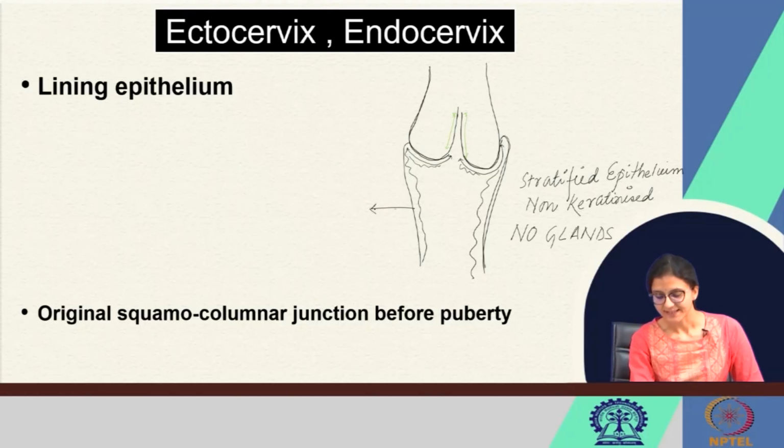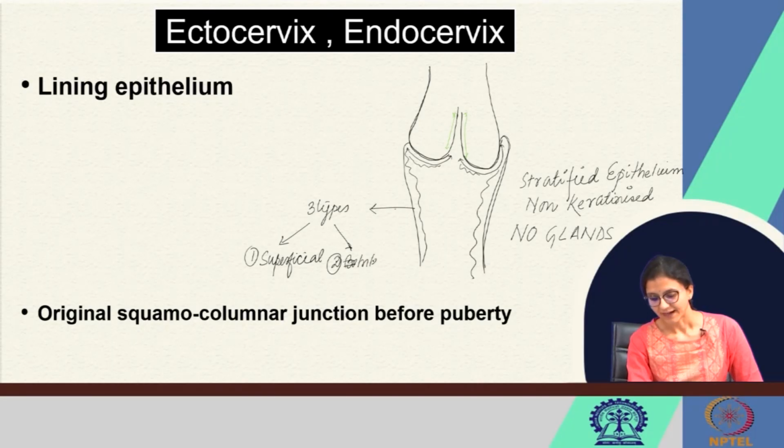So, this has three types of cells: number 1, the superficial cells; number 2, the intermediate cells; and number 3, the basal cells.